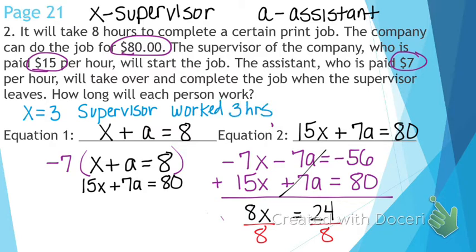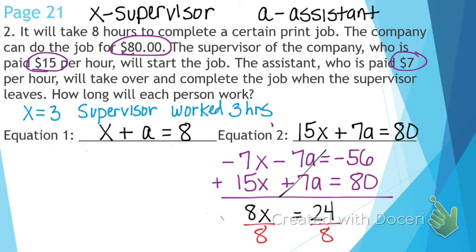Okay, that's what that tells me. So now we need to figure out, how many hours did his assistant work? We can use either equation 1 or equation 2, but I think the easiest one to work with is equation 1. So if I know that x plus a equals 8 and x is 3, I need to solve this equation for a.